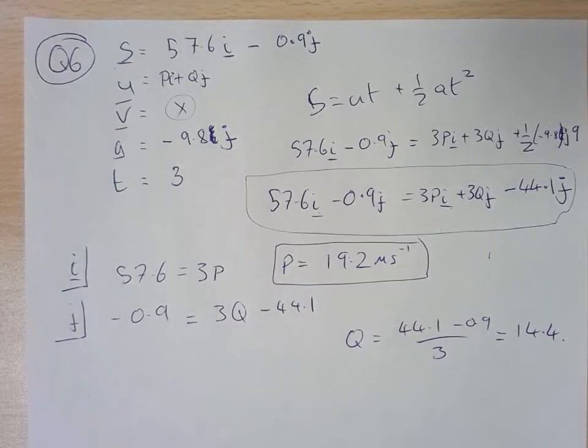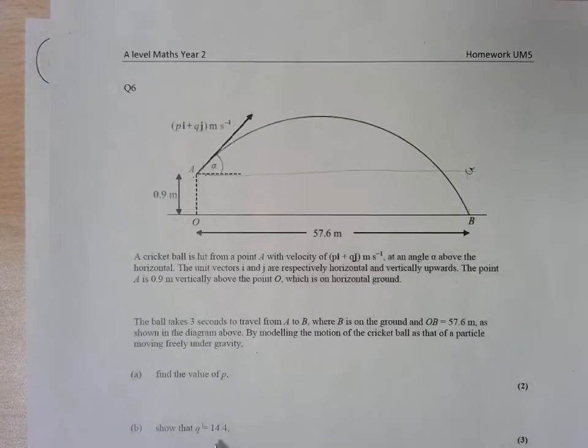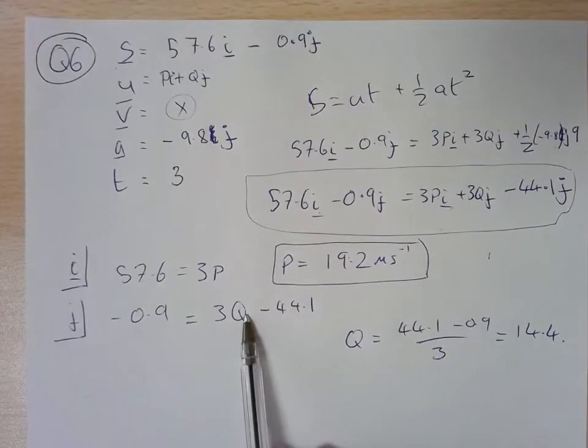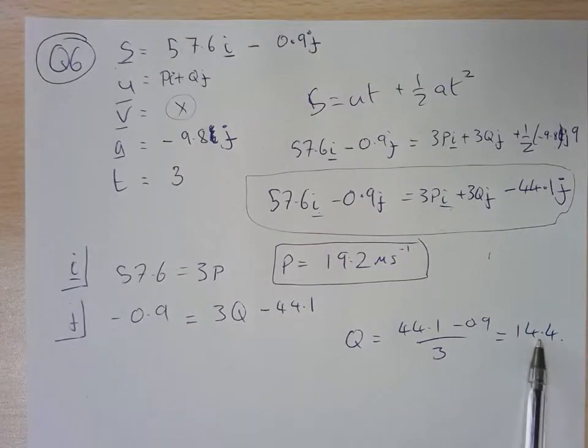If we go back to the question, we'll notice that this was a show that for Q. So if you just jump straight from here to Q equals 14.4, you are not going to get full marks. We need to show where Q has come from, because it says show that, we need to show every possible step.